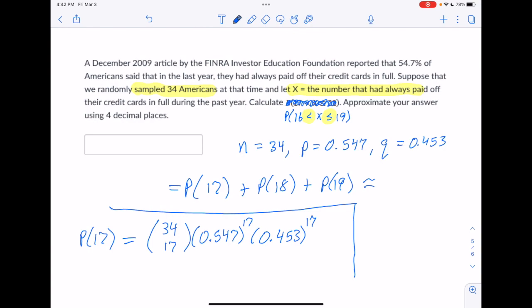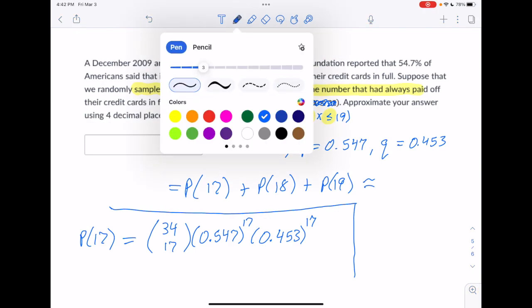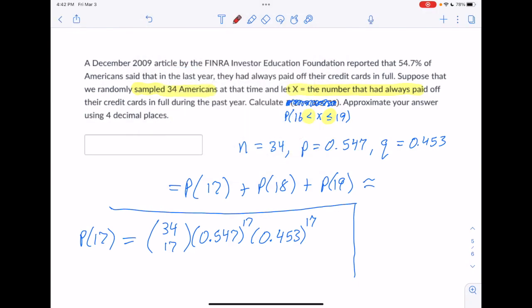When we're done, we'd want to change this for 18 and 19. And just to show you how we do that real quick, if you want this to be the probability that X equals 18, you would just change this to an 18, the exponent on P to an 18, and then over for Q, you would have 34 minus 18, that would become a 16.